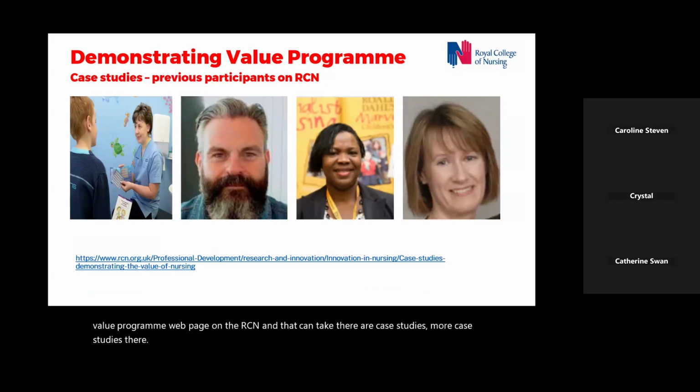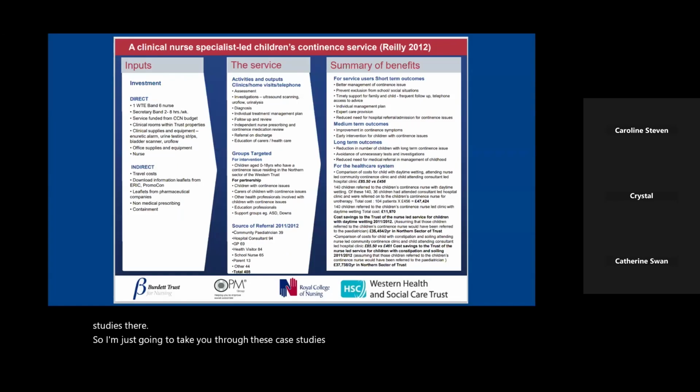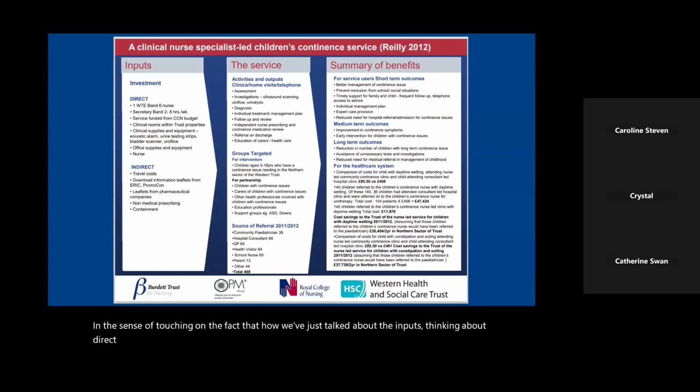I'm going to take you through these case studies now, touching on how we've just talked about the inputs, thinking about direct and indirect. They've detailed here some examples of direct inputs, such as one whole-time equivalent band 6 nurse. This is a clinical nurse specialist-led children's continence service.